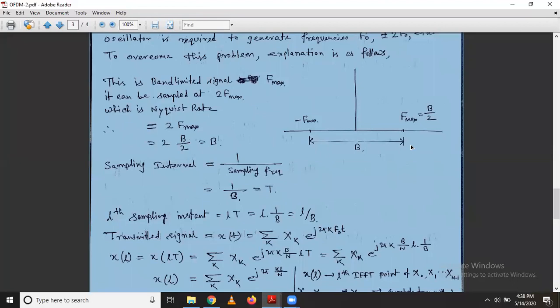So, whole bandwidth. This frequency will be B by 2, this frequency will be minus B by 2. B by 2 is the maximum frequency component.